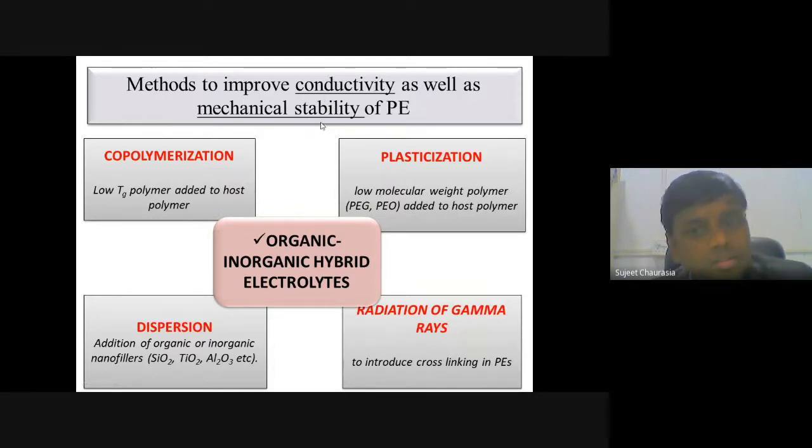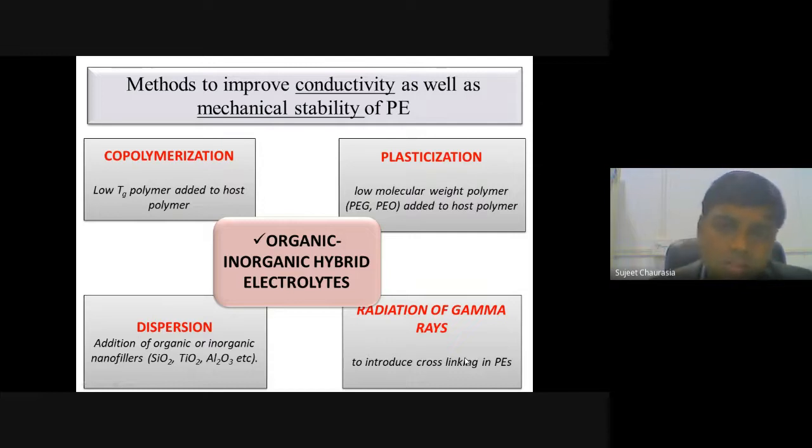The performance of the device basically depends upon its conductivity, ionic transport number, and electrochemical window. Different methods have been used to enhance the properties of polymer electrolytes, that is copolymerization, plasticization, dispersion of ceramic filler particles like SiO2, TiO2, Al2O3, etc., and irradiation with gamma rays to induce cross linking between the polymer chains.